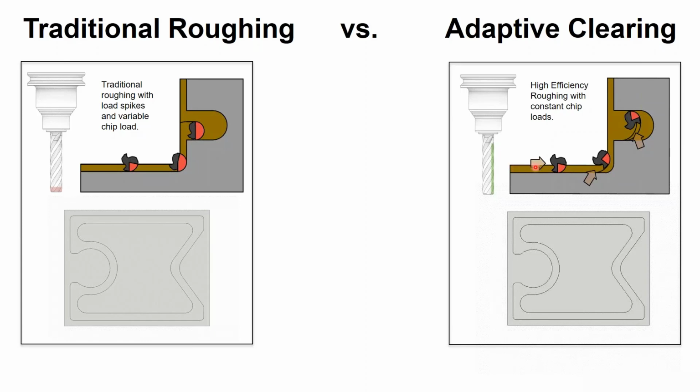Here we have the same cutting condition as in the traditional roughing, but when it comes to the corner, we start to move the tool in a circular direction. By that, we maintain the cutting condition also in the corner. And we don't hear the milling tool screaming like we do with the traditional roughing.